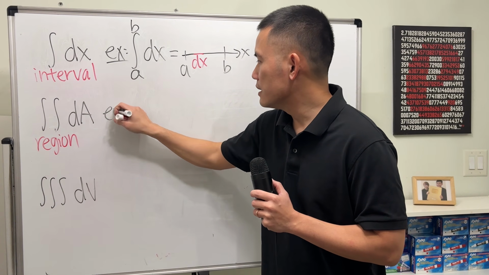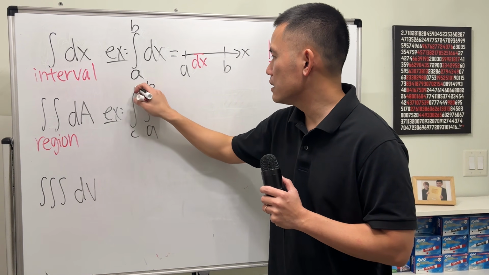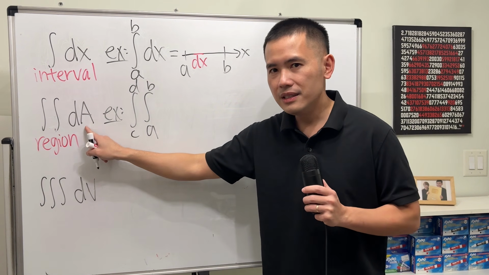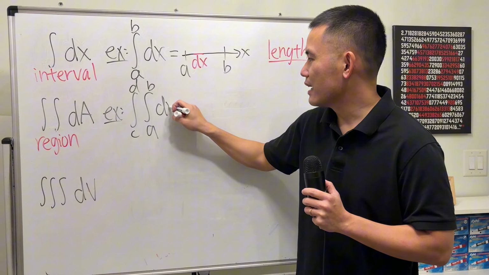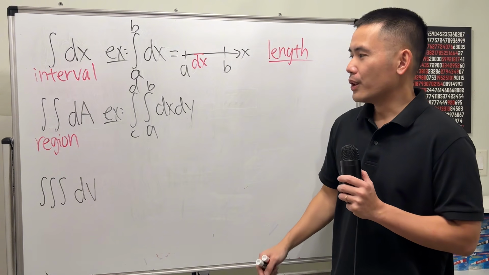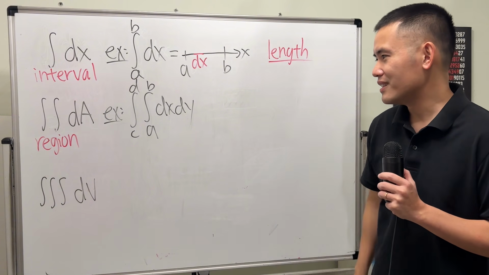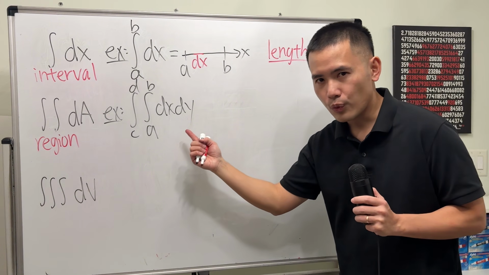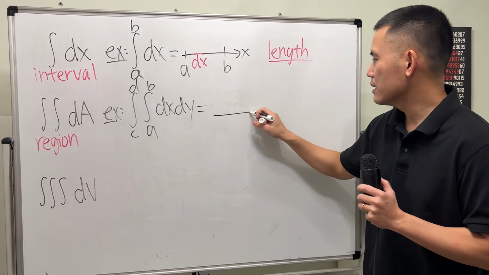And if you take a look at this example, integral a, b, c, d, and then dx dy on the xy plane. Could it be dy dx? Sure thing, but let me just put dx dy here. What does this mean? Pretty much the same idea, but just the extension of this.